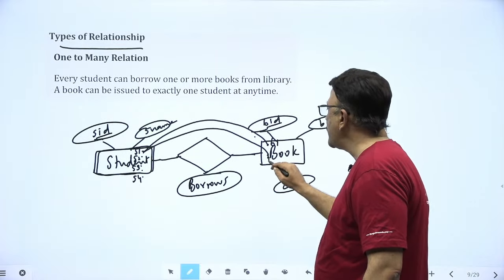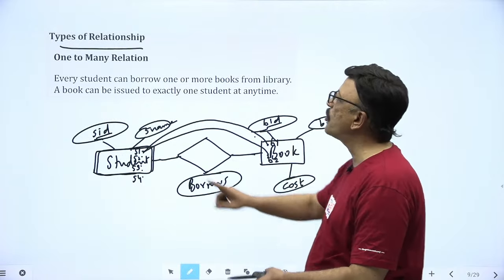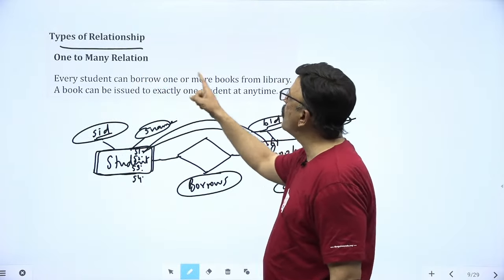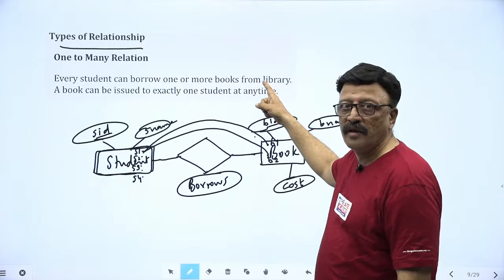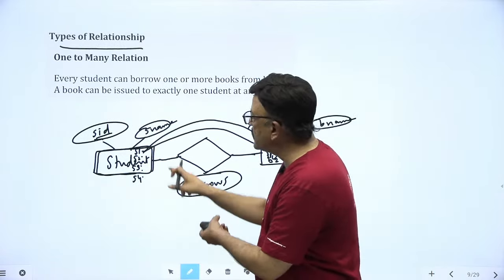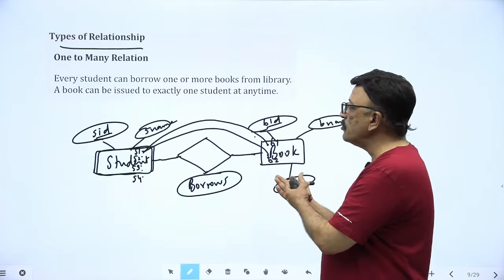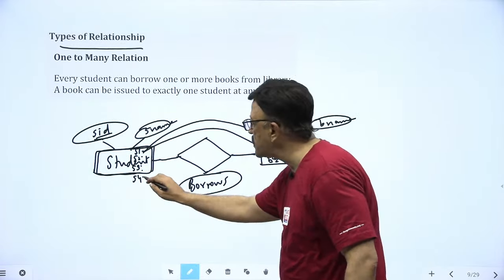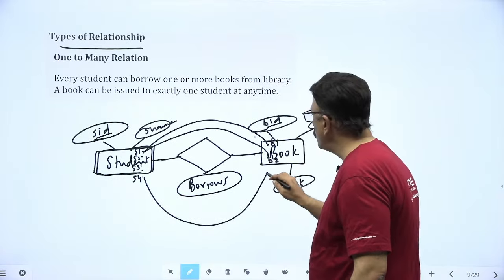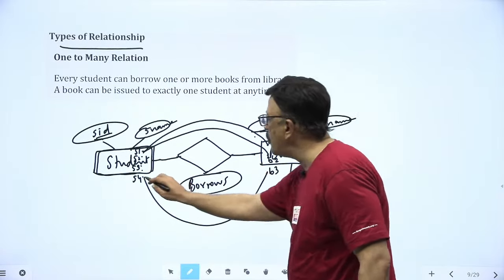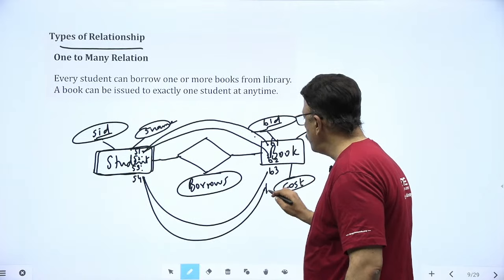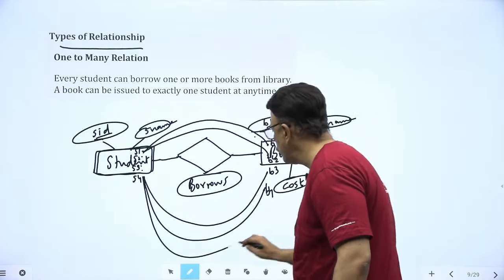Oh, look at the problem. Please look at the problem. A student can borrow one or more books. So it might happen that this S1 says that I have borrowed B1, I have borrowed B2. And maybe this S4 says I have borrowed B3 book, and I have borrowed B4 book, and I have borrowed B5 book.